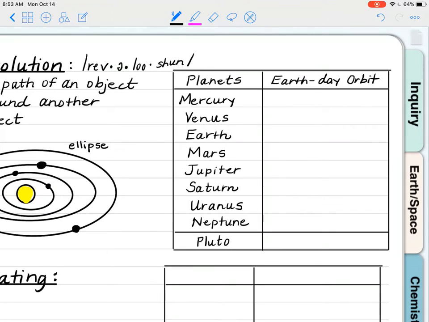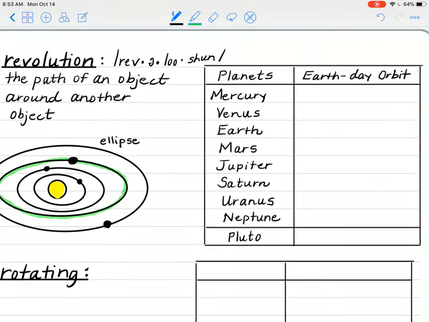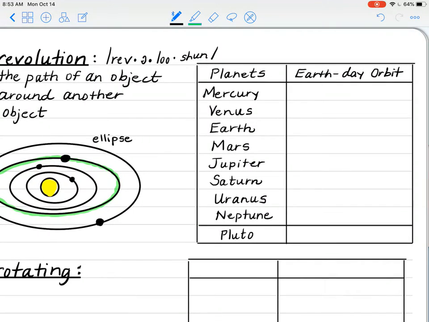So, how long does it take Earth to make one orbit around the sun? And we would be looking at this particular orbit. Earth is the third planet from the sun. So we would be looking at this ring. How long does it take Earth to make that one full rotation? How many days?